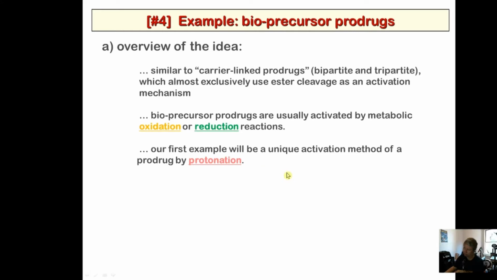So our first example is a unique activation method using protonation as a different reaction type, which is different than hydrolysis. We're just going to use acid as a reagent in your stomach, for example, to protonate a drug, and that causes its activation. It's kind of interesting.